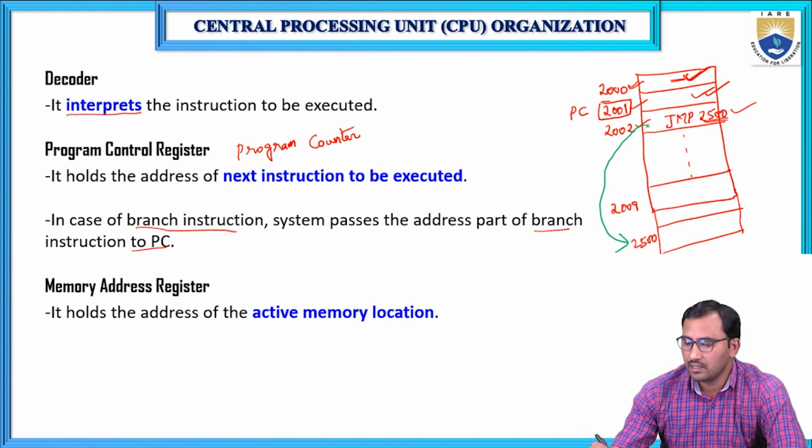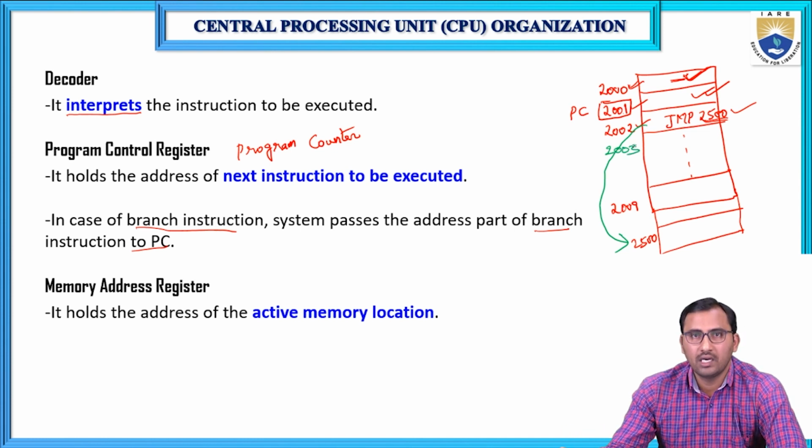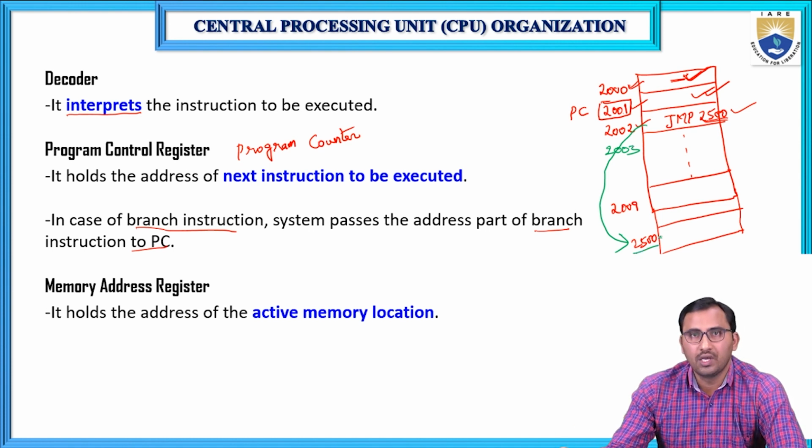Actually, after completing the previous location, the instruction in 2003 has to be executed, but instead of going to the 2003 location, it goes to the 2500 location. In this way, the program counter always stores the address of the next instruction to be executed.